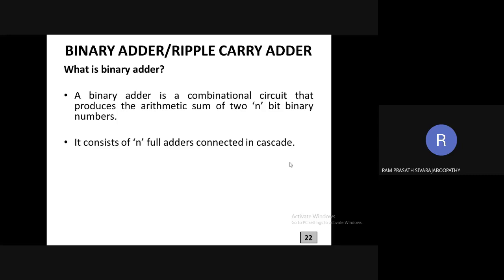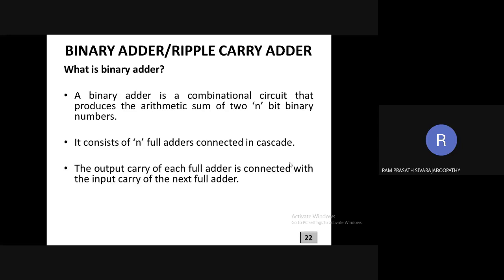Before this, what did we say? We said n-1 full adders plus a half adder. Instead of that half adder we can also use a full adder. I will explain it later in the session. So if n full adders are connected in cascade, we can get an n-bit binary adder. Clear? The output carry of each full adder is connected with the input carry of the next full adder.